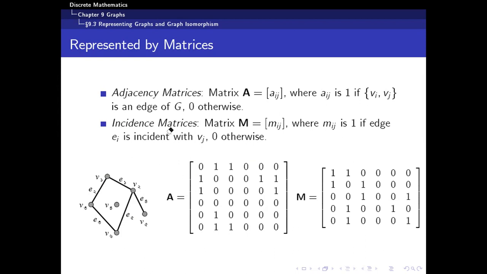And the incidence matrix is denoted by M, where the value in the matrix will be 1 if the edge is incident. Otherwise, it will be 0. What is incident? Can you remember the incidence?